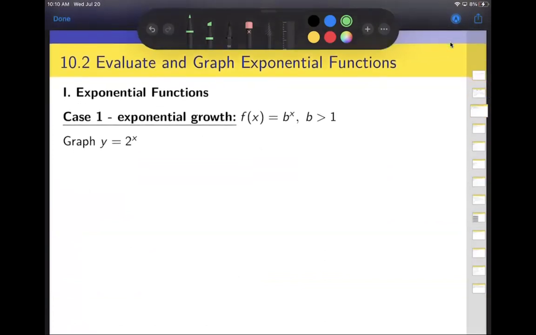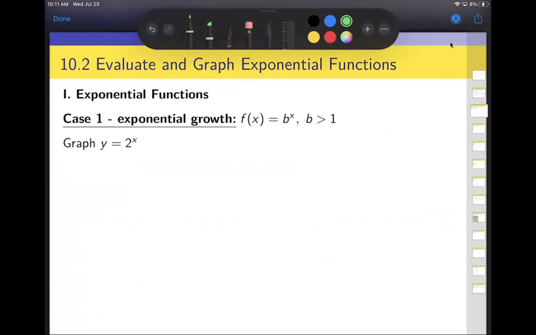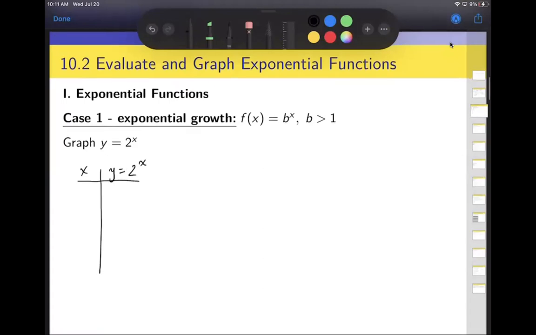Let's see why it's exponential growth. First, if you don't know how to graph anything, your best bet is to plot some points, right? So let's plot some points. Here x, here y equals 2 to the x. Let me pick some points: -2, -1, 0, 1, and 2.